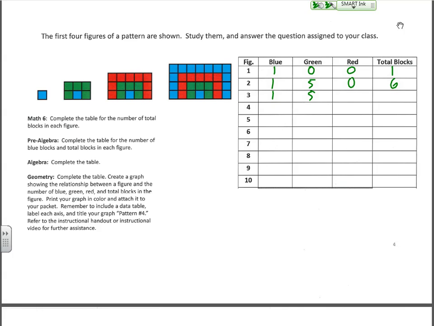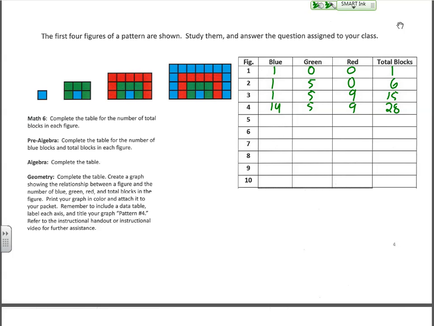Now we add, looks like 9 red, for a total of 15. Figure 4, I don't feel like counting all those blue blocks. How could I? 14. Oh, okay. Yes, 14 blue blocks. Still 5 green, still 9 red for a total of 28.